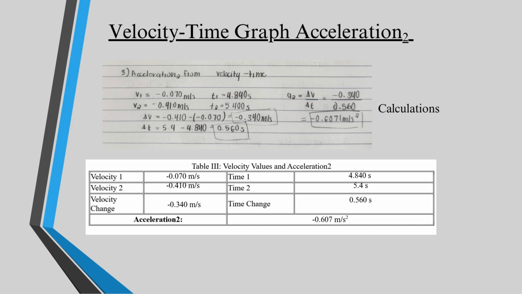To find the change of velocity, we do negative 0.410 plus 0.070, which equals negative 0.340 meters per second. And for the change of time, we do 5.4 minus 4.840 equals 0.560 seconds. So acceleration equals negative 0.340 over 0.560, which equals negative 0.6071 meters per second squared.